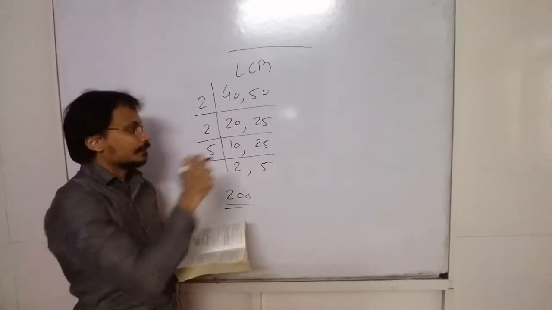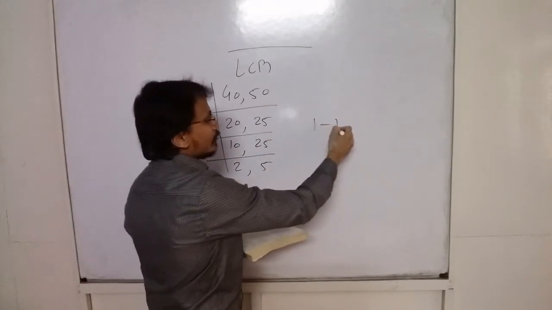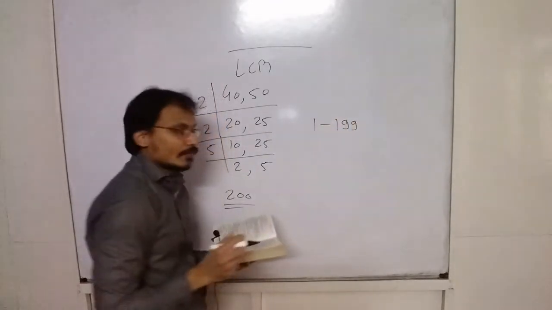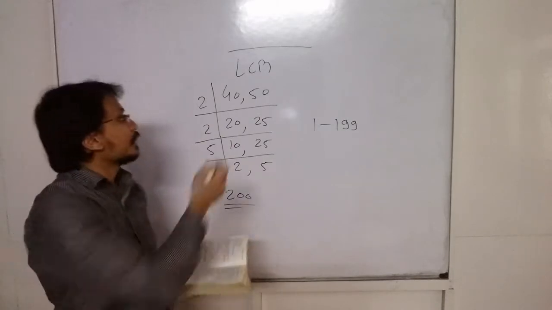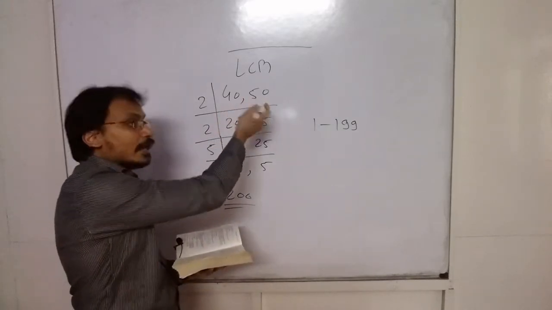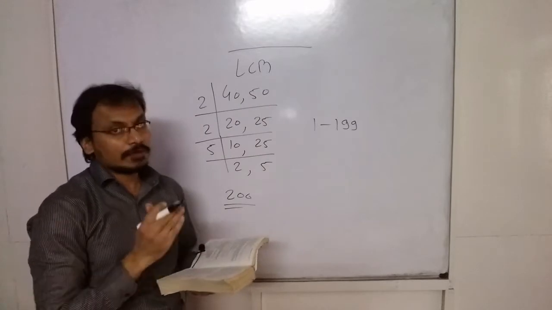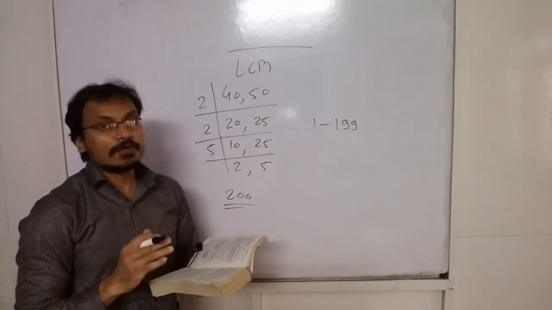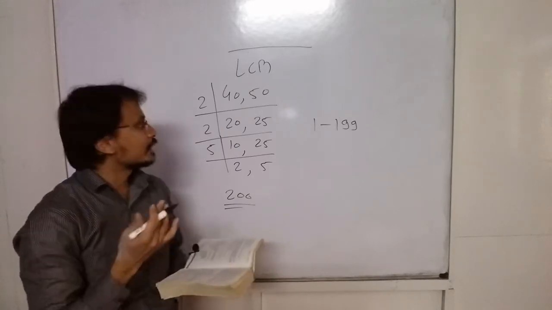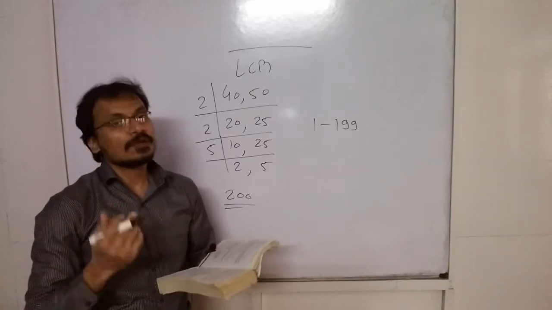You can cross check it. Take any number from 1 to 199. You will not find a single number which is divisible by both 40 and 50. Some of them will be divisible by 50, some by 40, whereas you will find so many numbers which are neither divisible by 40 nor by 50.